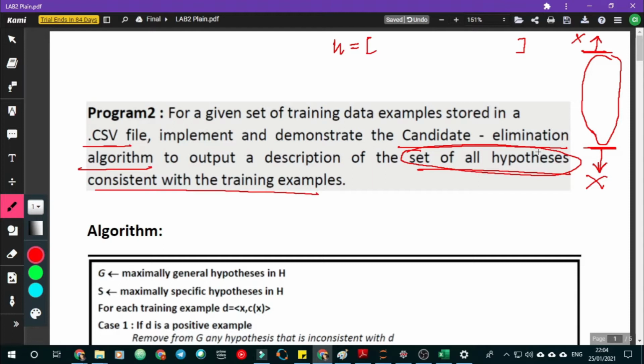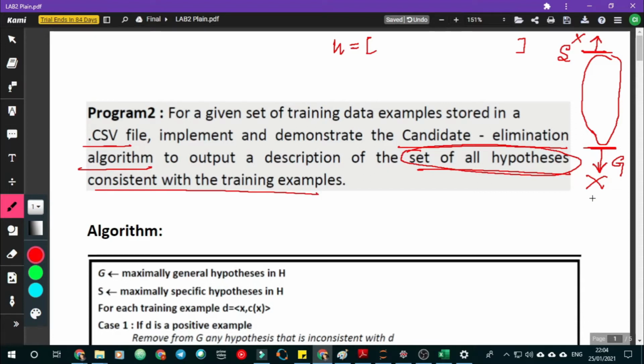For the next training example, your hypothesis lies in between these two boundaries. It will not go beyond these two. What are the boundaries? We name one boundary as general and one boundary as specific.